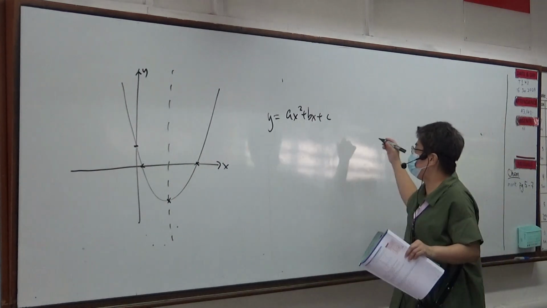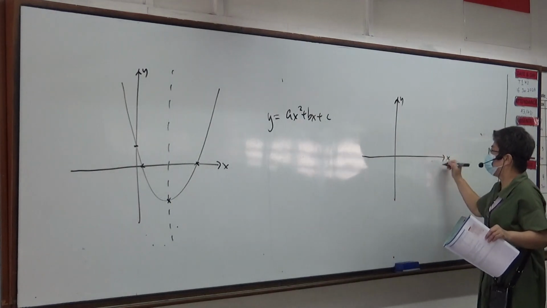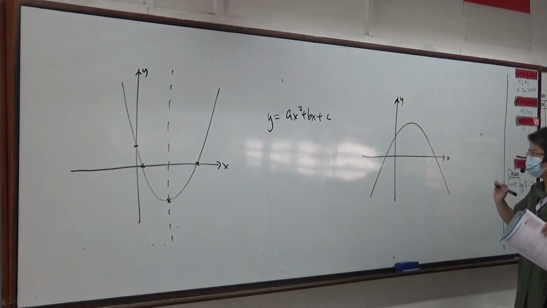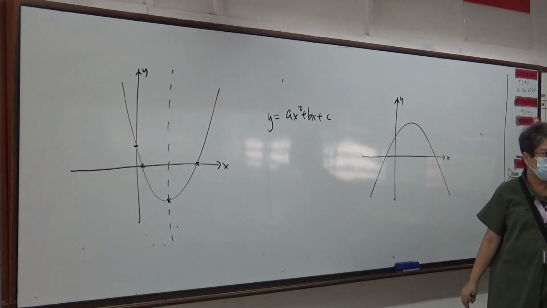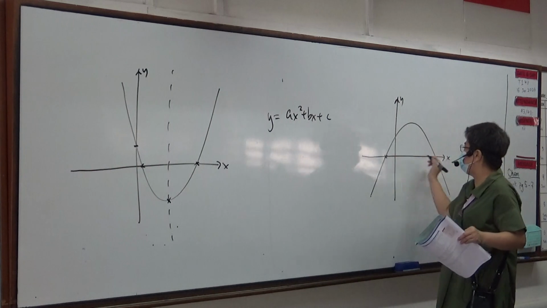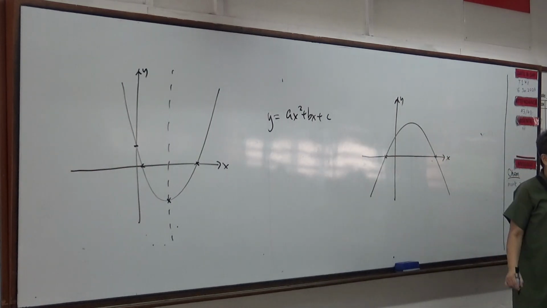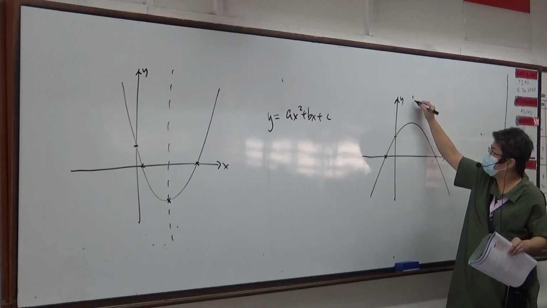Okay, now, if it is a maximum curve, likewise, how would we know that it's a maximum curve? When the coefficient a is what? Negative, okay. I will also have the x-intercepts, the y-intercept. What is this?